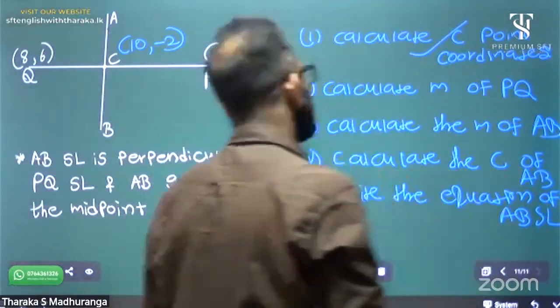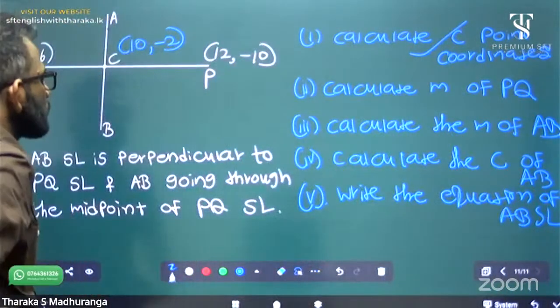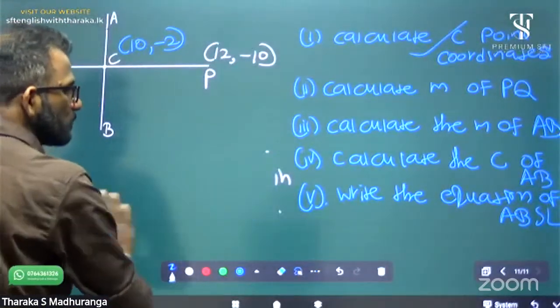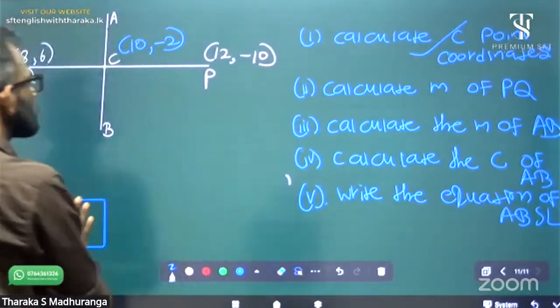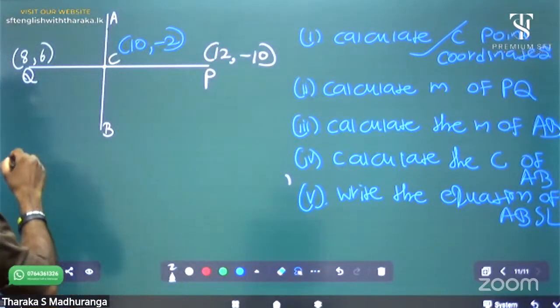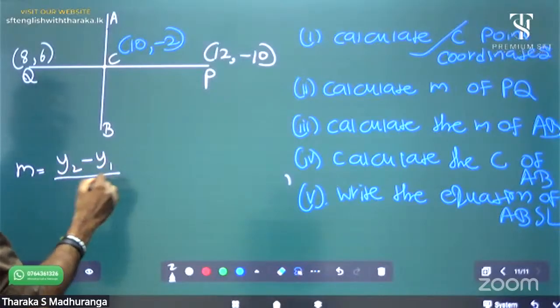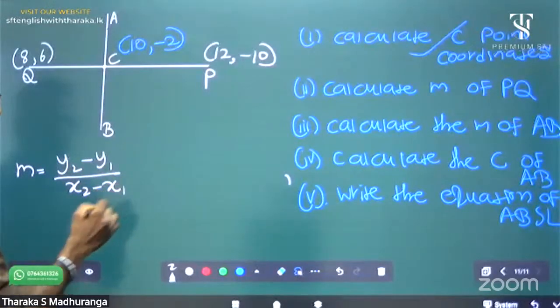Calculate the M of the PQ straight line, the gradient. Okay, I'll mark this part. How to calculate the gradient of any straight line? M equals y2 minus y1 over x2 minus x1.